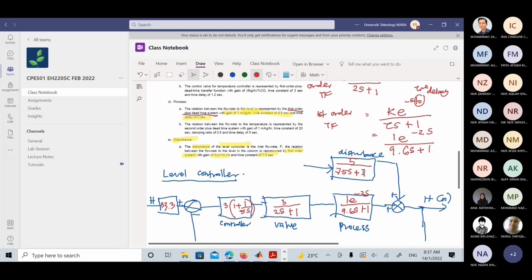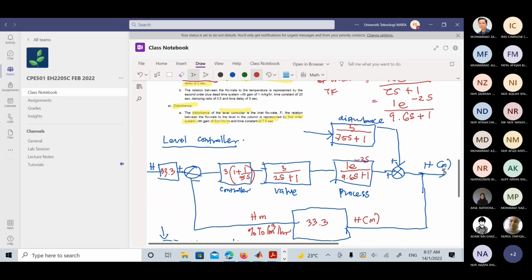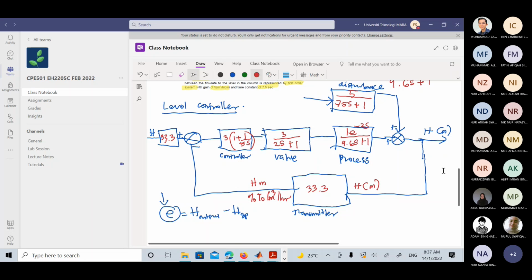Okay, so this is how we draw a block diagram for the level controller.